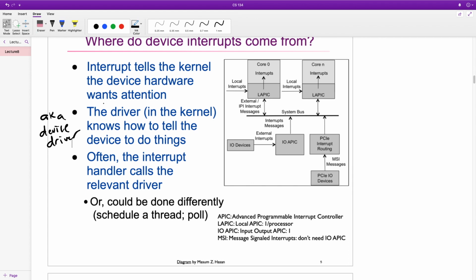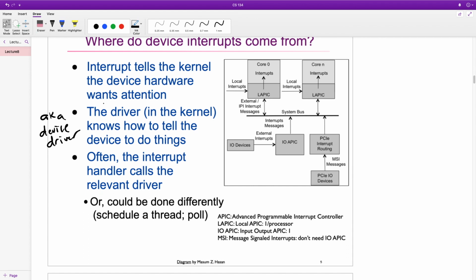Windows NT tried to fix this by having the device drivers outside of the kernel, but unfortunately that caused performance problems, so it moved back inside the kernel. So here's what happens. This is on x86. We've got a local APIC, Advanced Programmable Interrupt Controller, for each of our cores. It used to be a separate physical chip, but it's now integrated into the x86.